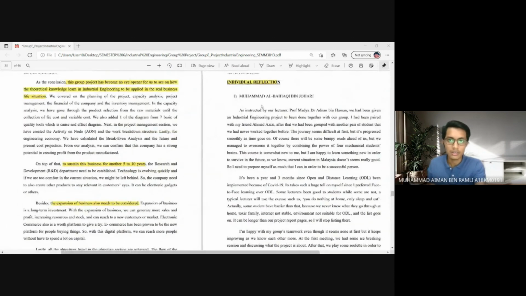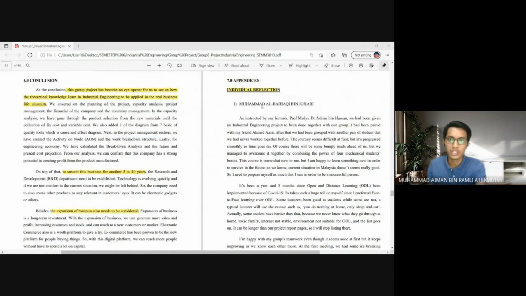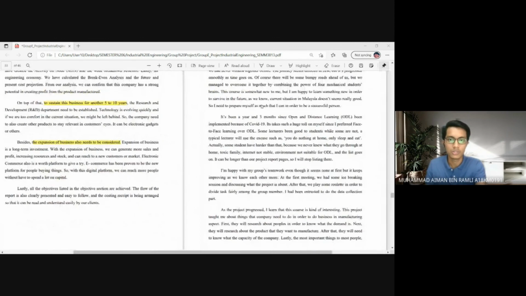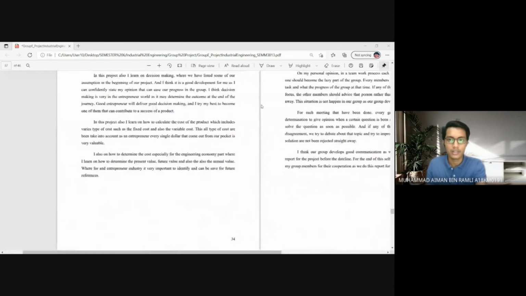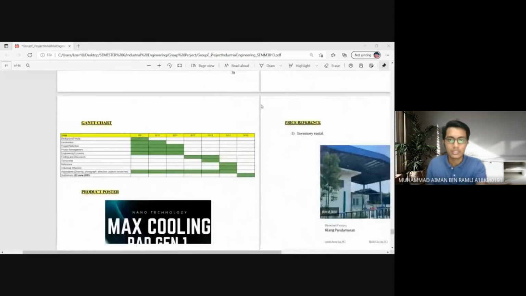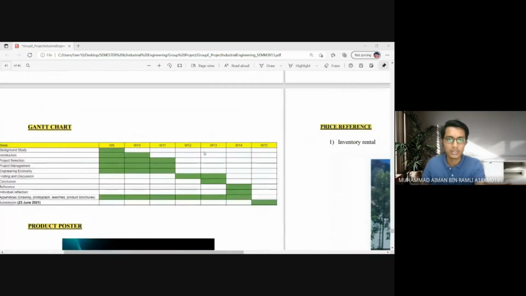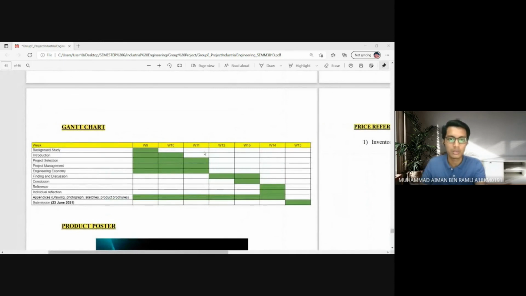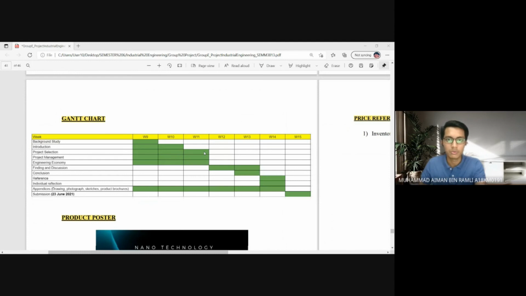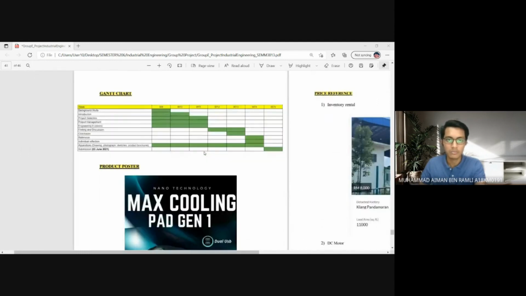After the conclusion, we have the individual reflection from all of the group members. In the appendices, we also include our Gantt chart to make this project report realistic within a 7 to 8 week duration.